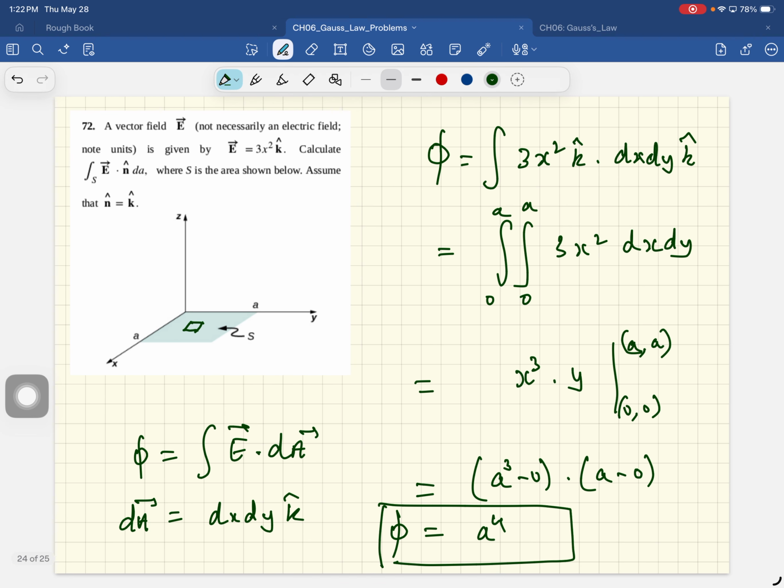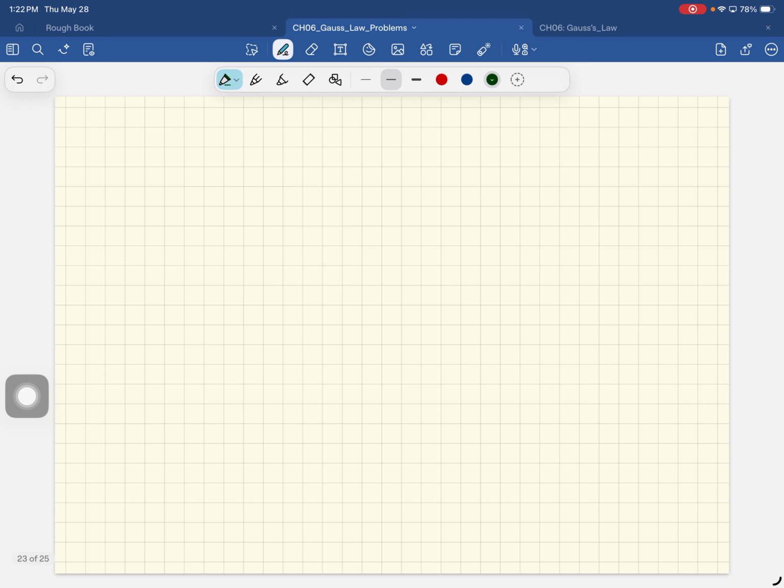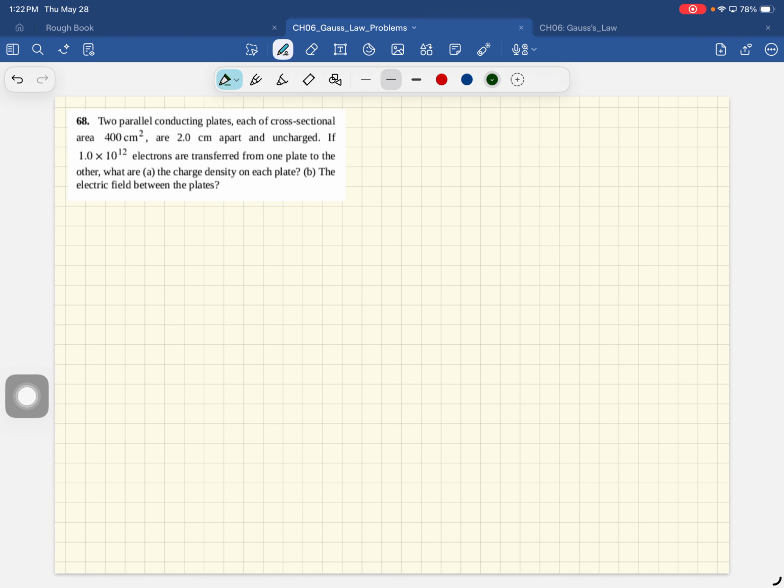Okay. Lambda is minus 5. Five centimeters. The negative sign is just telling you that the field is pointing inward.